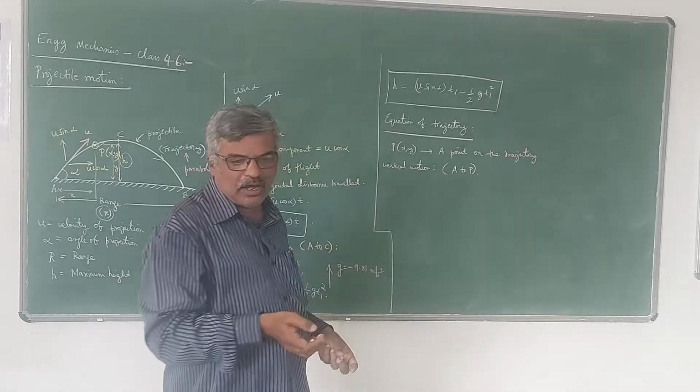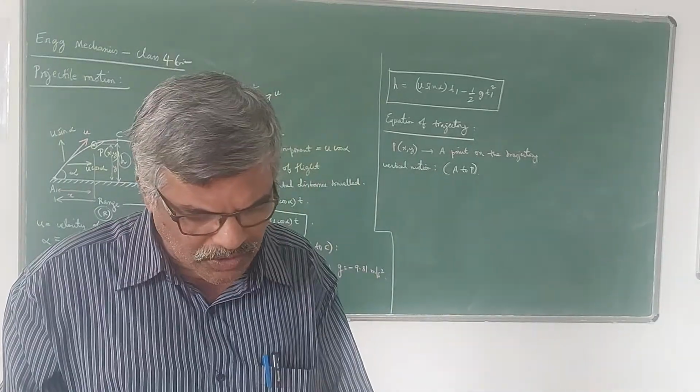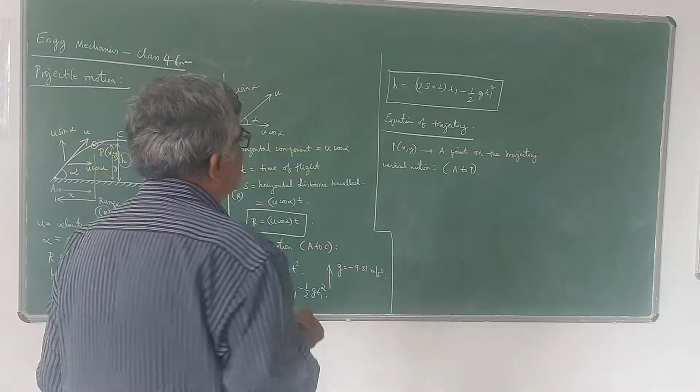So h is equal to, h becomes y now, u sin alpha into t minus half g t square.